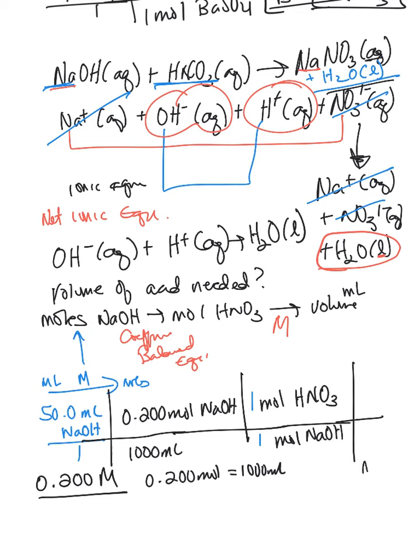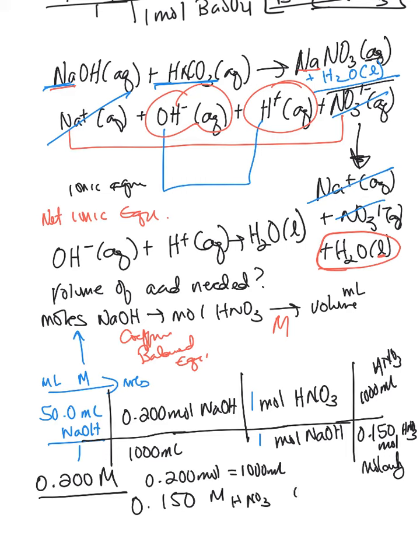And now we use our molarity that is provided in our problem, and we see that for 0.150 mole of nitric acid, we have 1,000 milliliters of nitric acid. This was in our molarity of 0.150 big M for HNO3, which we use as a conversion factor of 0.150 mole of HNO3 to equal 1,000 milliliters.